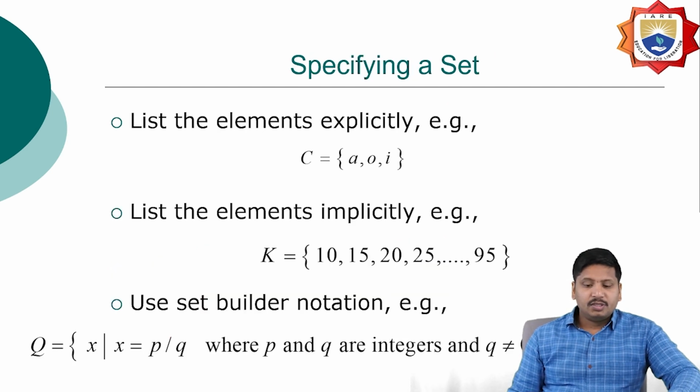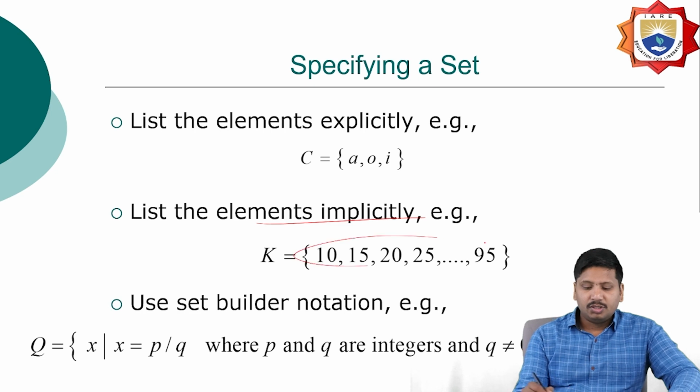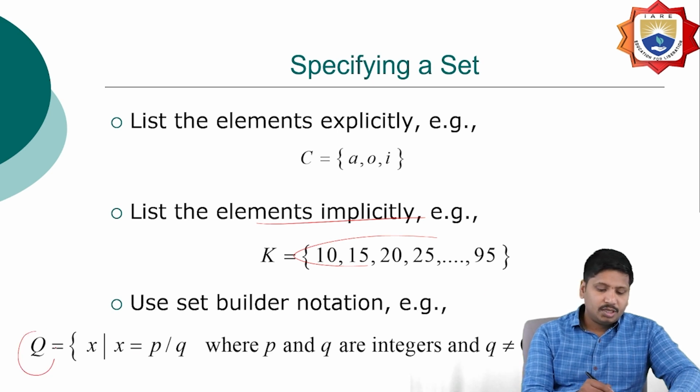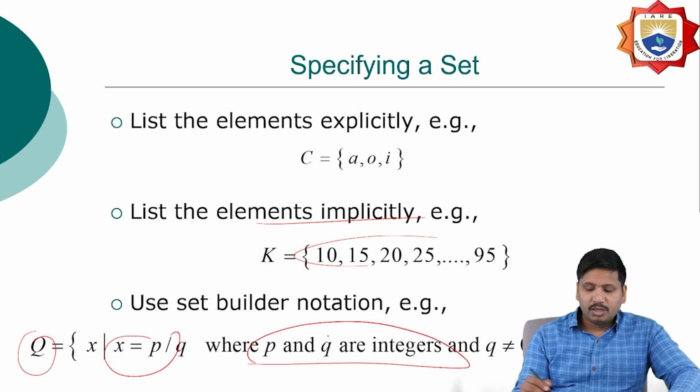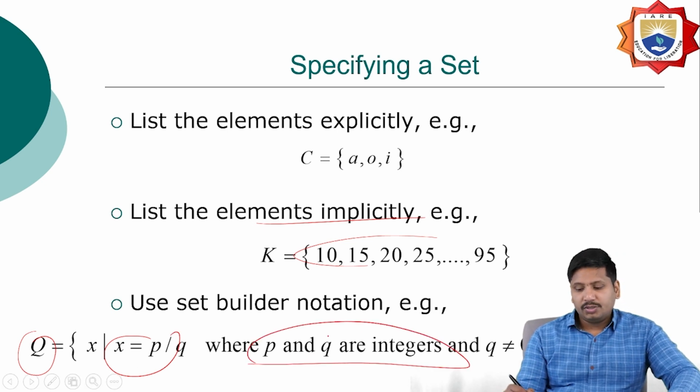Specifying a set. For this, we list the elements explicitly, which we can call a roster set. And if I display the elements implicitly, it should be like that. We can also use set builder notation for specifying the set. We can denote it as: set Q is equal to x such that x belongs to p by q, where p and q are integers, where q should not be equal to 0.